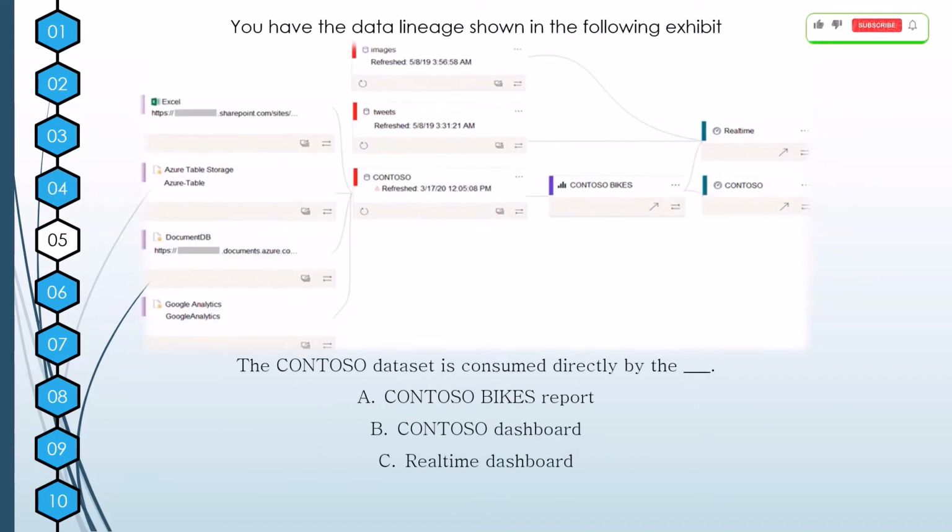You have the data lineage shown in the following exhibit. The Contoso dataset is consumed directly by the A. Contoso Bikes report. B. Contoso dashboard. C. Real-time dashboard. The Contoso dataset is consumed directly by the Contoso Bikes report.